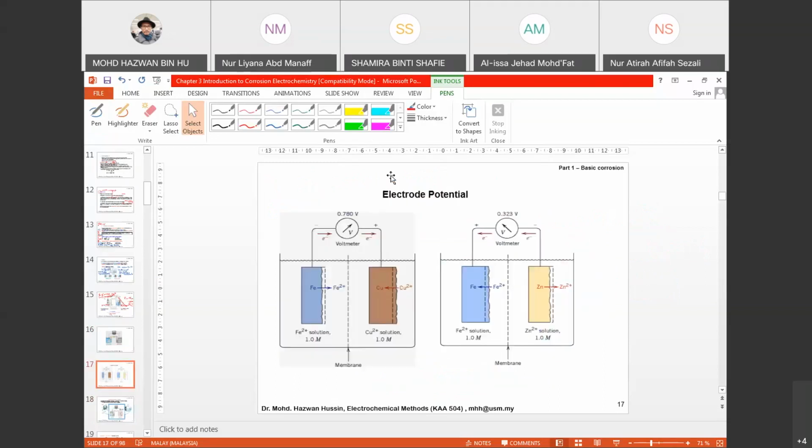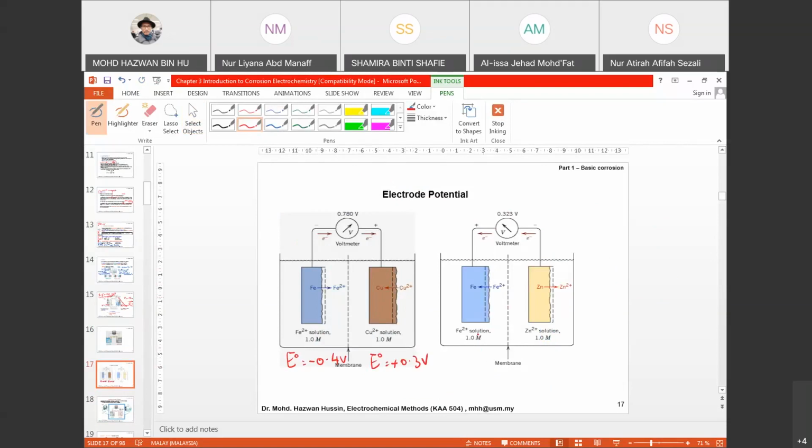Similar things as well, just to show you the reactivity between the two. You will see that over here, for iron, the standard potential is basically minus 0.4 volt. Just now for copper, positive 0.3 volt.